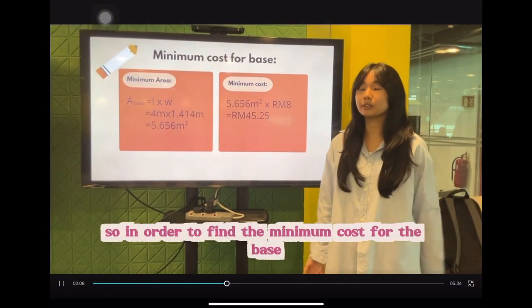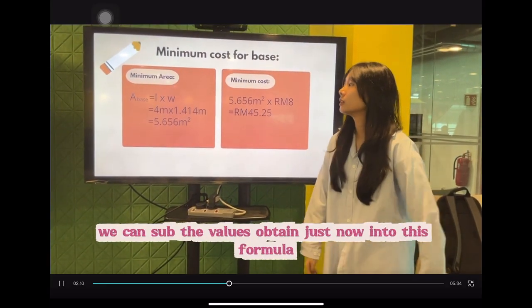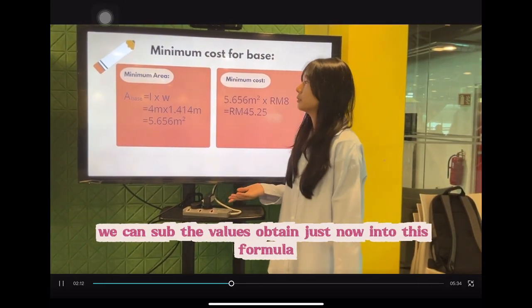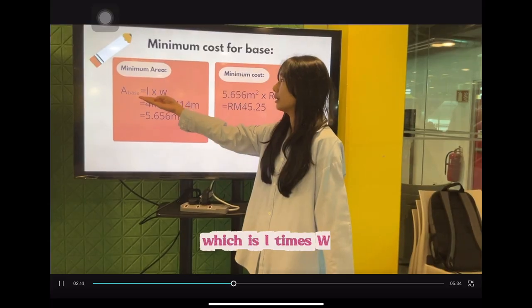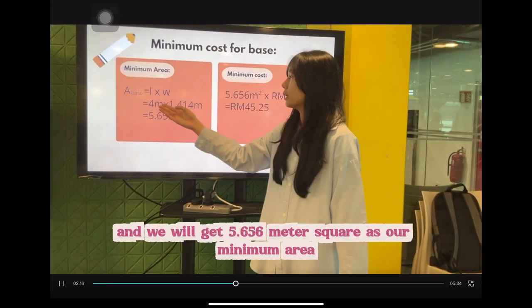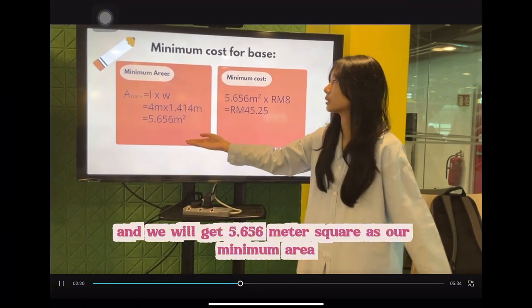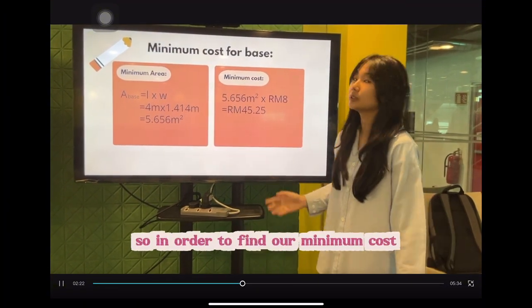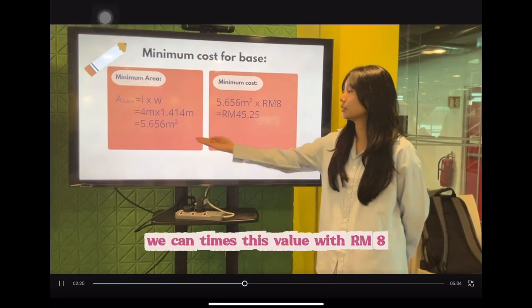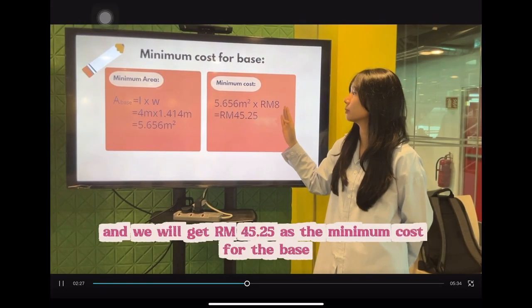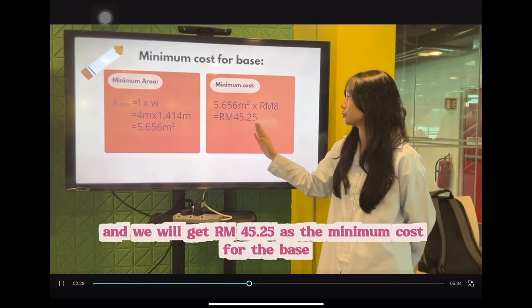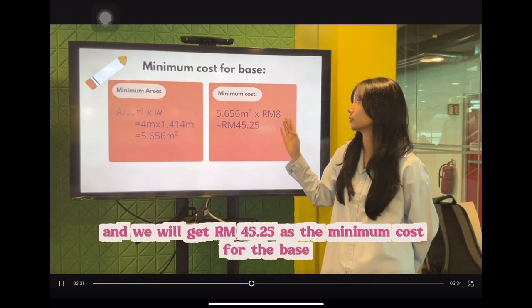So in order to find the minimum cost for the base, we can substitute the values obtained just now into this formula, which is L times W, and we will get 5.656 meter squared as our minimum area. So in order to find our minimum cost, we can multiply this value by Rm8, and we will get Rm45.25 as the minimum cost for the base.